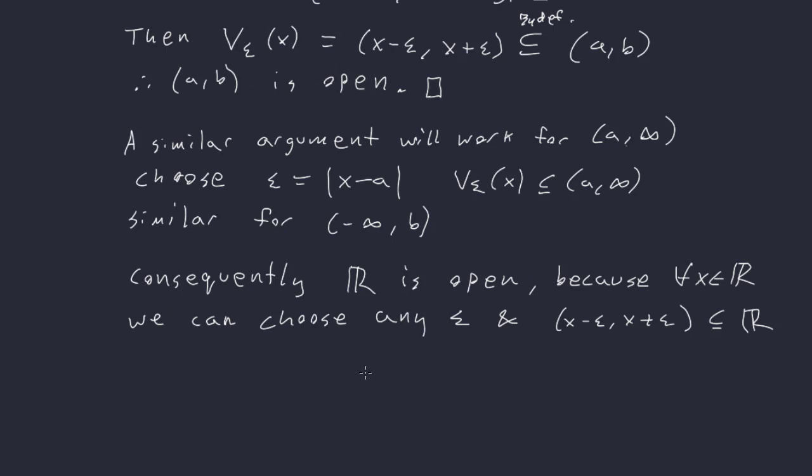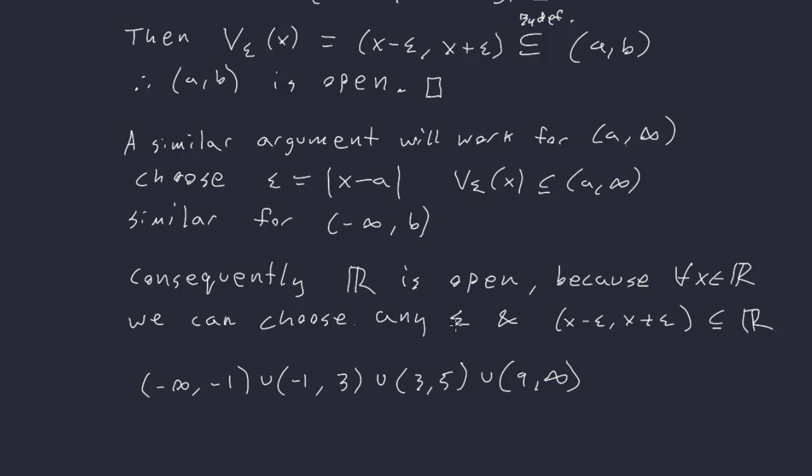Now, you may be wondering, well, how about unions? Like when we have things like negative infinity to -1, union -1 to 3, union 3 to 5, union 9 to infinity.